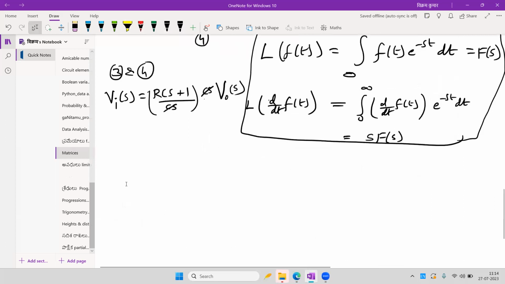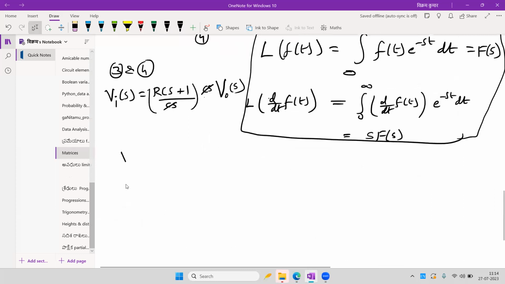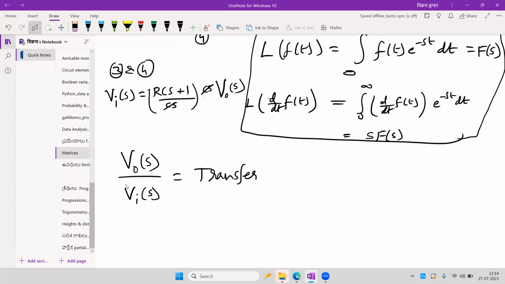Now this will become V naught of s by Vi of s, which we call as transfer function, output Laplace by input Laplace with initial condition 0. Generally, we write as H of s, and that is equal to 1 by 1 plus RCs.